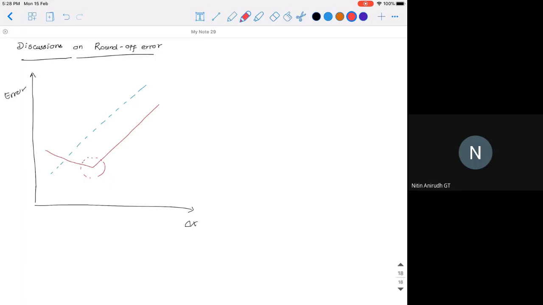So there are two sources of error. Only one we have discussed in the class. So the sources of errors in total error: let's say one is truncation error. What is the source of truncation error?